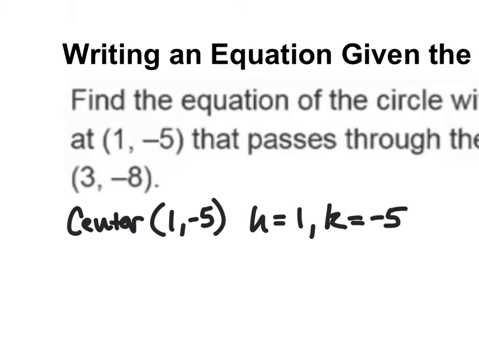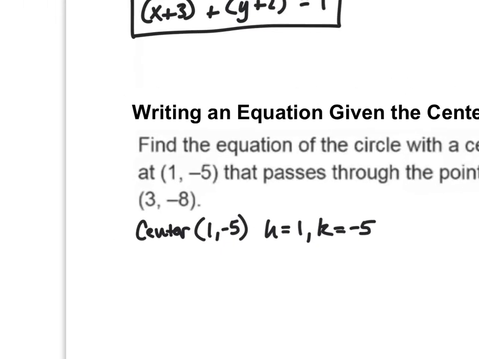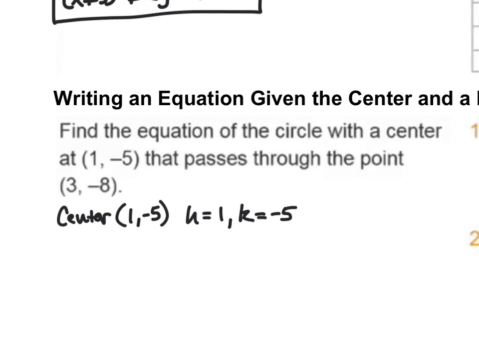All right, so I have those values. Now I know that the circle passes through another point, which is the point 3, negative 8, okay? So if this is my center and this is a point on the circle, what I can do is just go through and calculate the radius, okay?